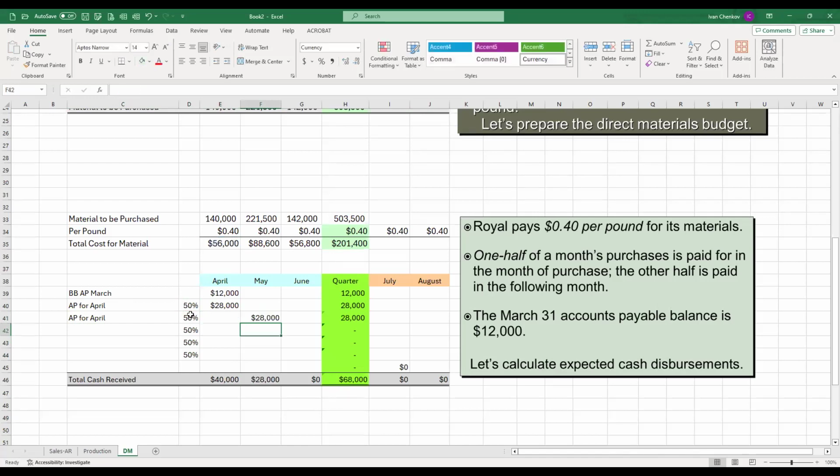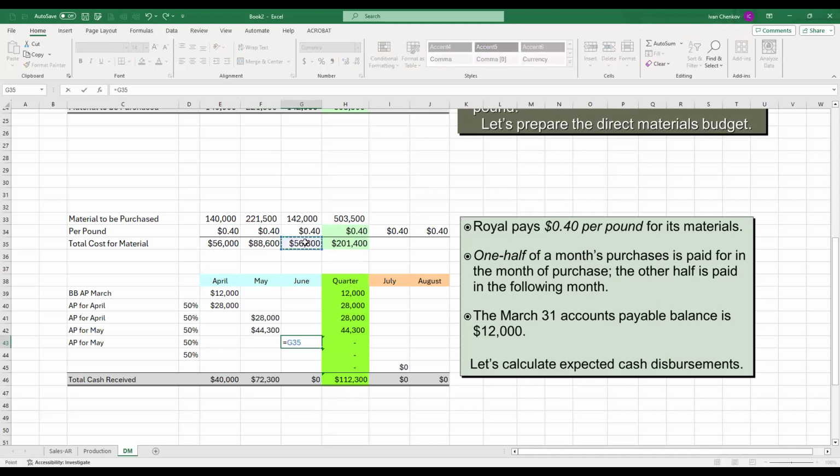What else are we going to pay in May? Accounts payable for May, but only 50%, correct? Yes. And the other half of the May purchases, we're going to pay in June, correct?